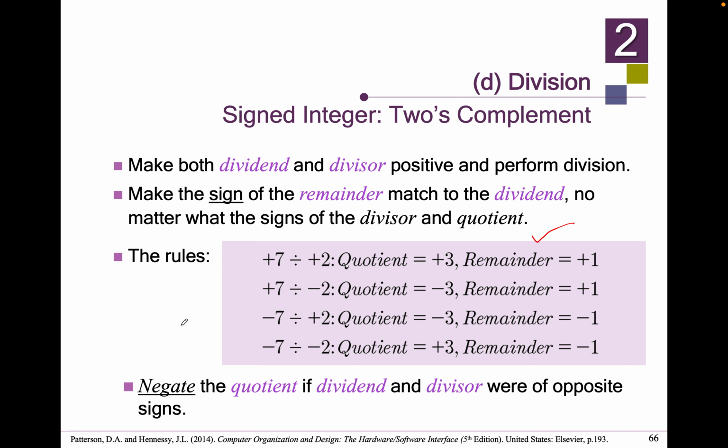But you can negate the quotient if dividend and divisor were of opposite sign. So all these rules are important.